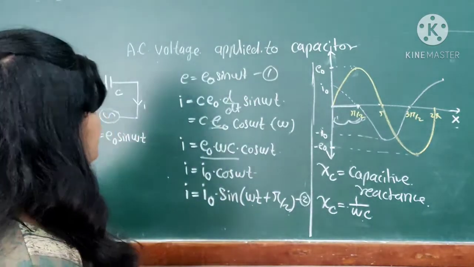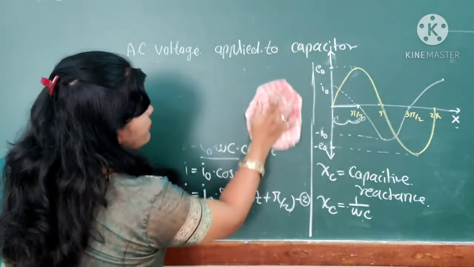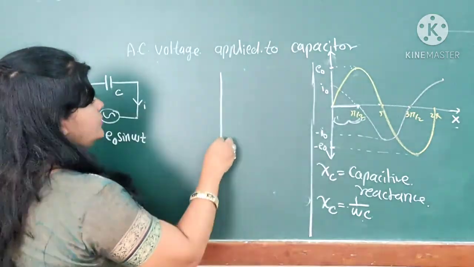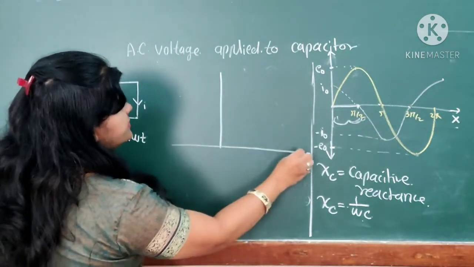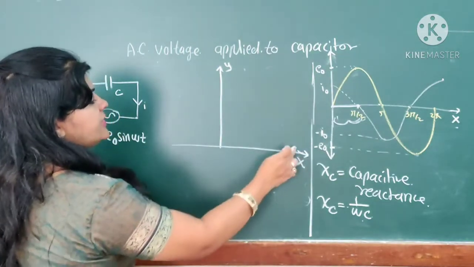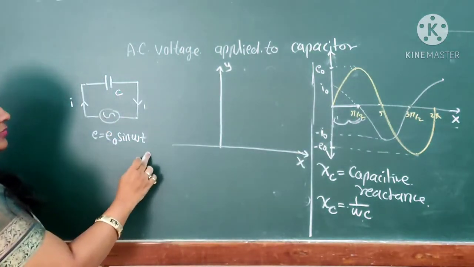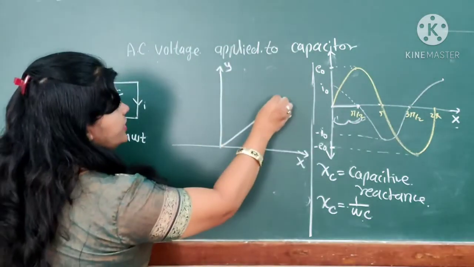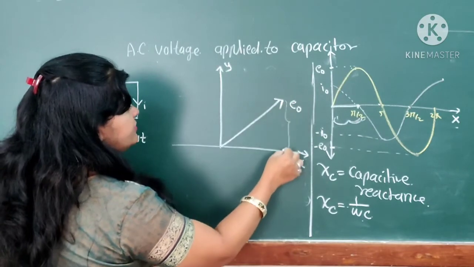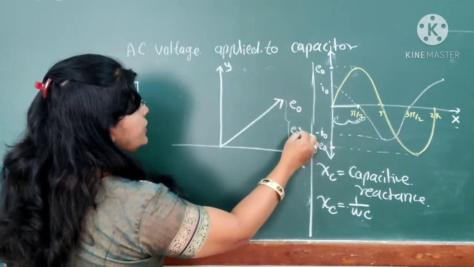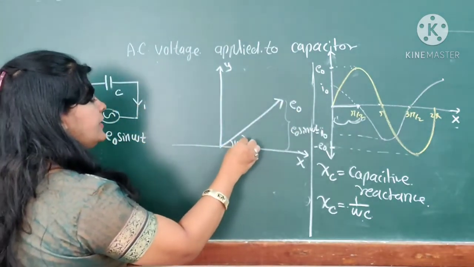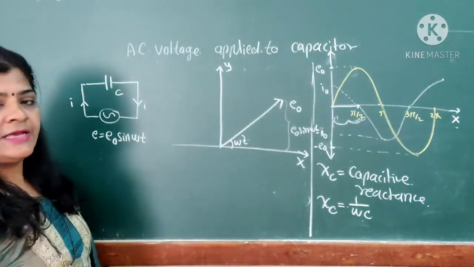Now we draw the phase diagram of these two. We already learned how to draw the phase diagram. This is the y-axis and this is the x-axis. First take the EMF value: start from here, arrow, maximum value E naught, up to this it represents E naught into sine omega t, with angle omega t with the x-axis.